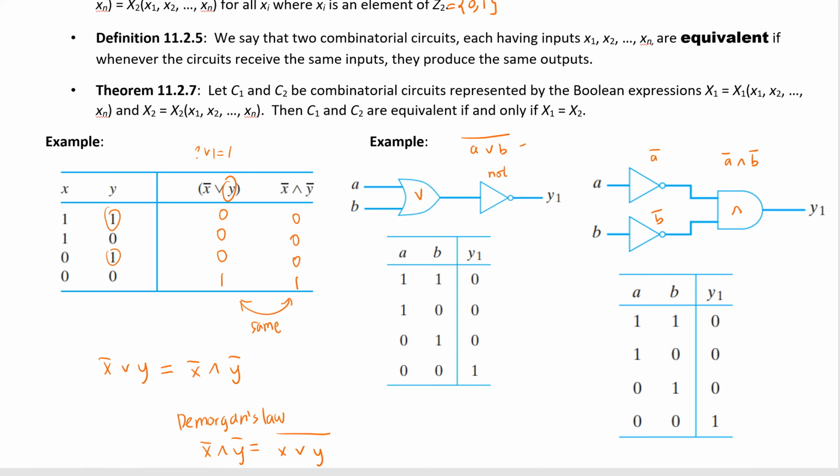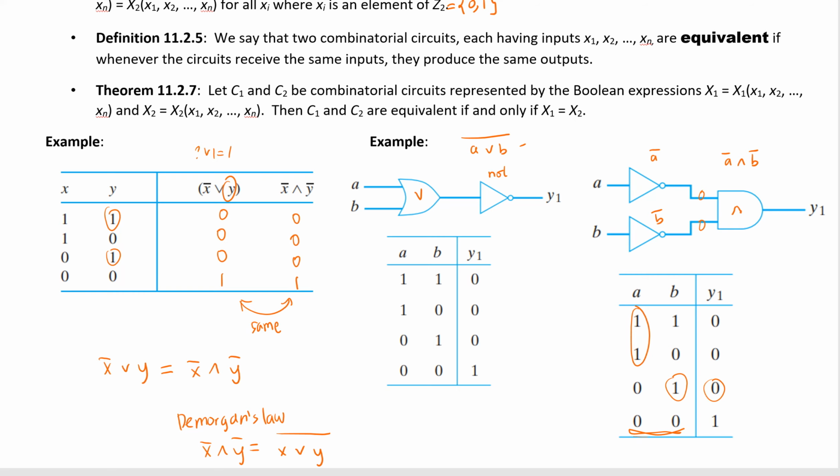Second one, this will give us 0 and 0 gives 0. Actually, as long as one of them is 0, we get 0. So not 1 is 0, we also get 0. If both of them are 0, then A bar and B bar is going to be 1 and 1, which is 1.